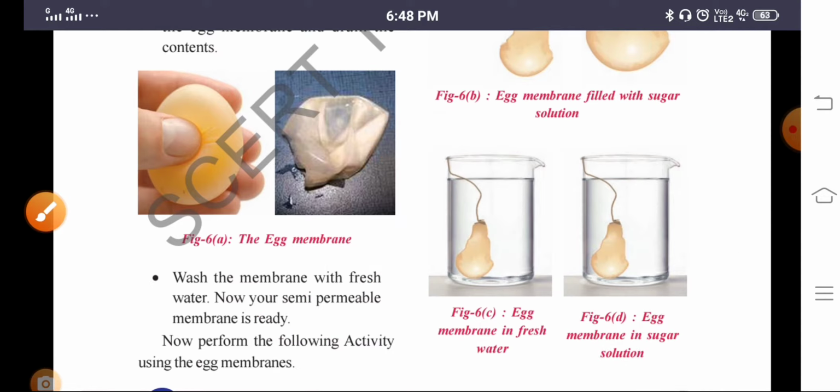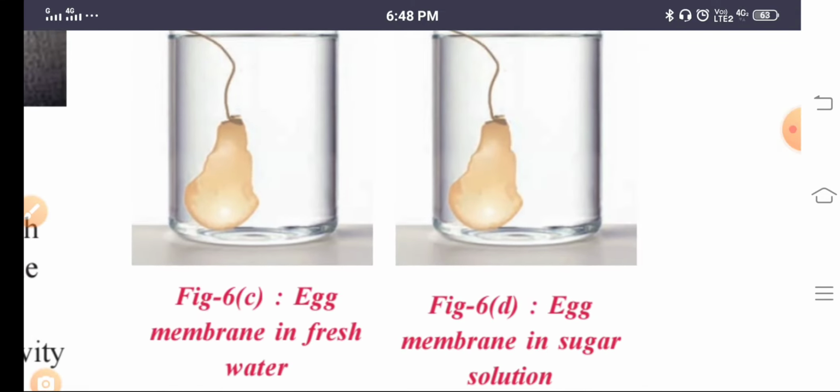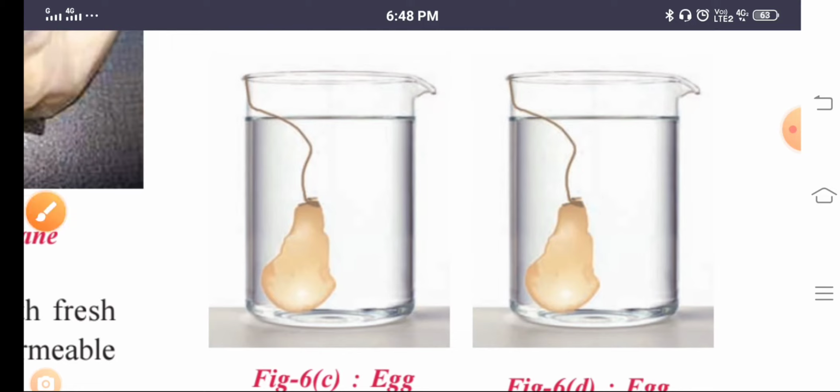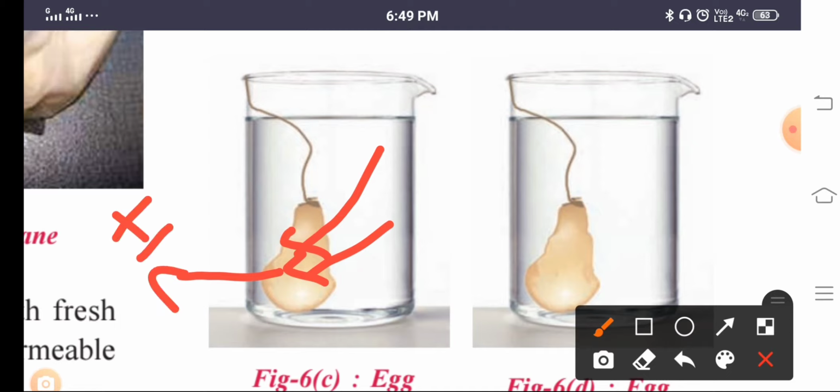So water moves from the beaker into the plasma membrane. Why? Because here high concentration is there, here low concentration is there. Here only water, here only sugar, so here is high concentration.